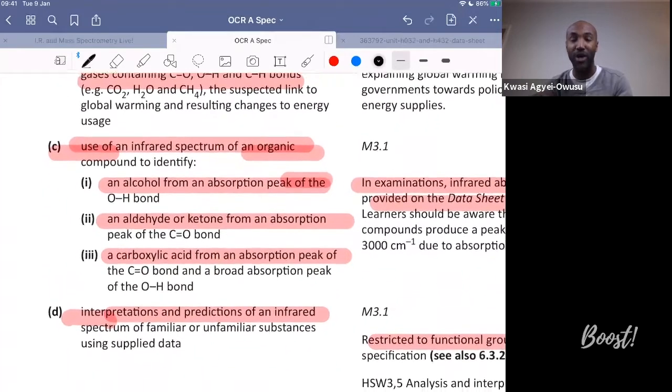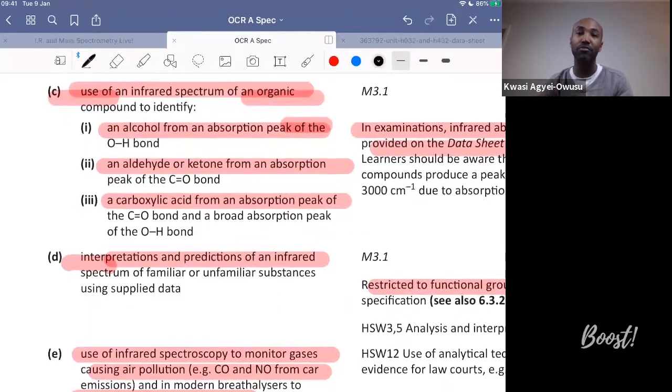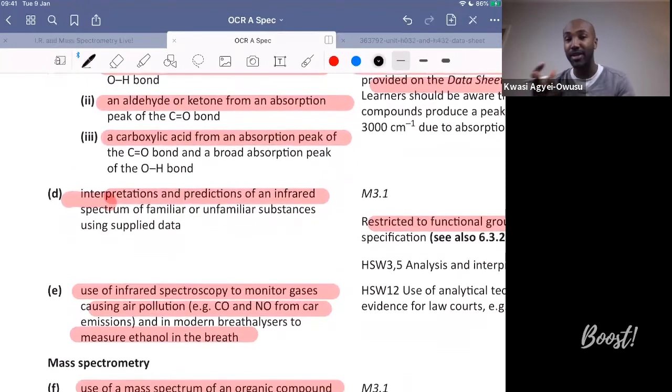And then, of course, how to interpret infrared spectra to allow us to work out the structure of an organic molecule. There are also some more general applications, such as in breathalyzers, allowing law enforcement to identify people who have gone over the drink drive limit, for example. So the science underpinning that technology is infrared spectroscopy.